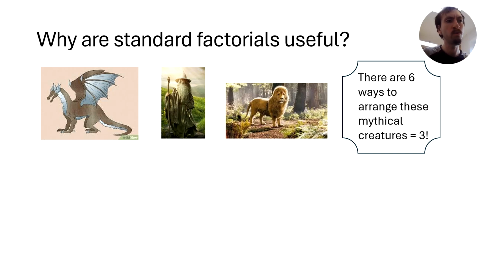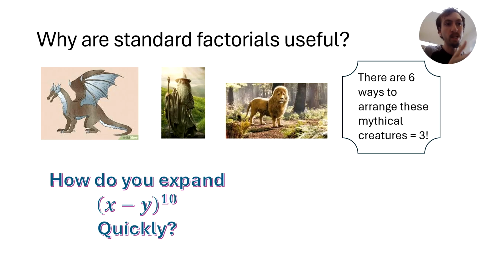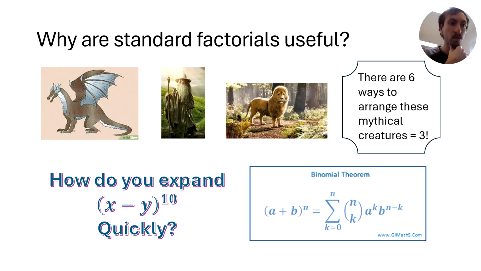We can also use factorials when trying to expand binomial expressions, and by binomial expressions I mean expressions involving two algebraic terms. So if you wanted to expand this, yes, you could explicitly work out what it would be by hand, but a much quicker way is to use the binomial series, which I've shown here.